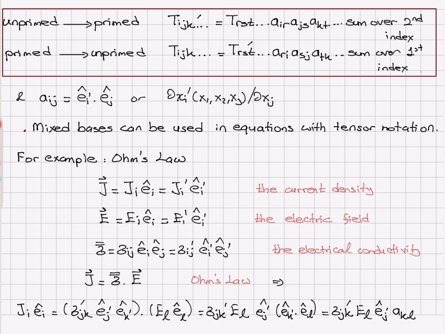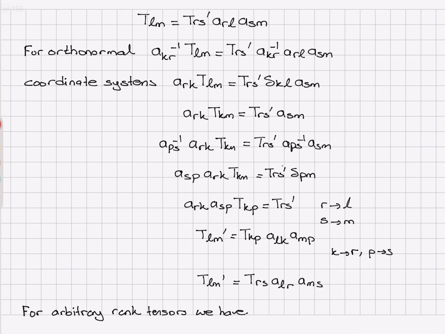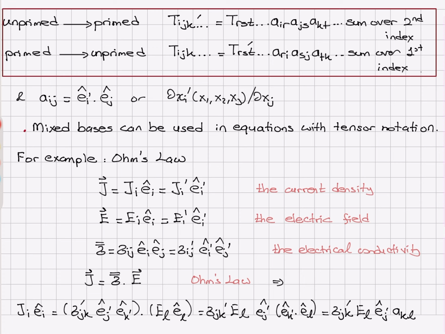When I multiply it with the inverse of the transformation matrices and also recognize that for orthonormal coordinate systems, inverse equals transpose, I can see that the primed tensor components can be obtained by summing over the second index. So T_rst A_ir A_js A_kt, etc. That gives us T_ijk, etc.